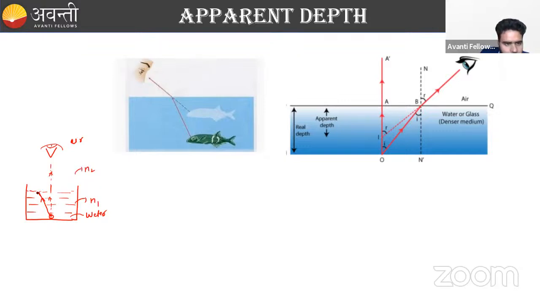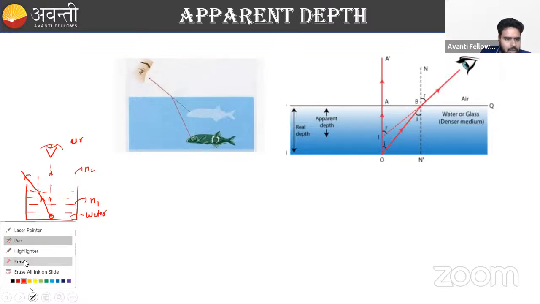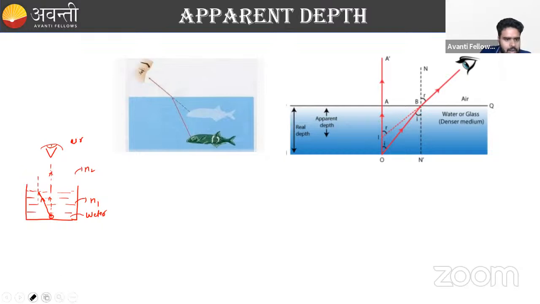So here the phenomenon of refraction occurs, and we know that the light is traveling from water to air, so the light moves away from the normal. We can say light is moving in this way. So how do we get the image of this object that is inside the water?